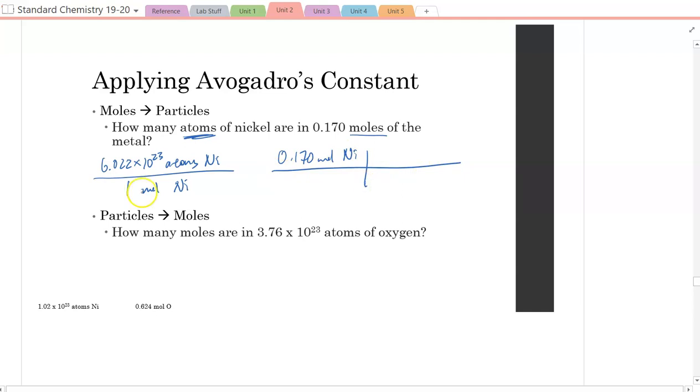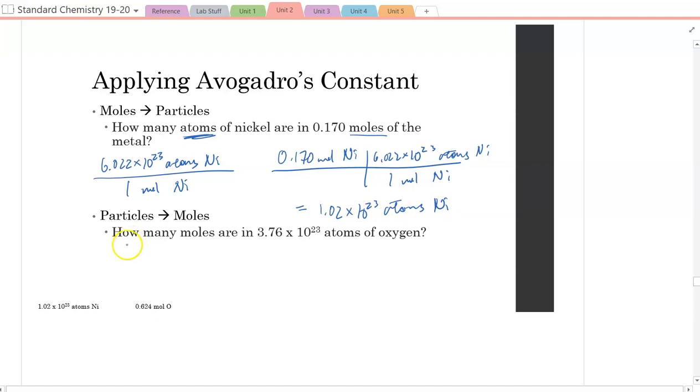This time I don't have to flip it, because moles of nickel is on the bottom here and moles of nickel is on top, so I stick it in as is: 6.022 times 10 to the 23rd atoms of nickel for every 1 mole of nickel. That's basically what that's referring to. Doing a little math, you end up getting 1.02 times 10 to the 23rd atoms of nickel. Kind of in the same vein here.